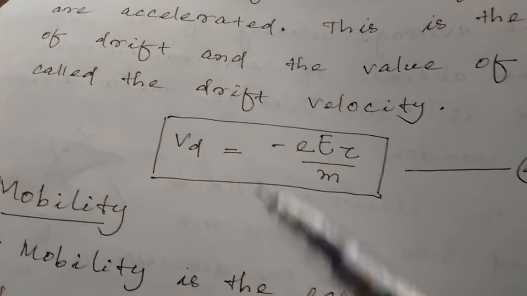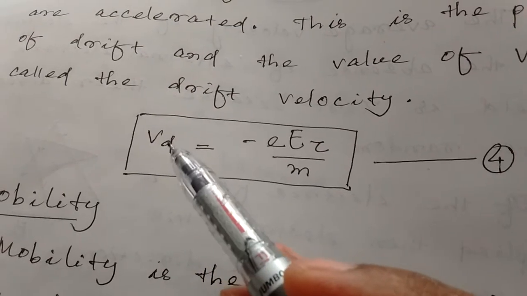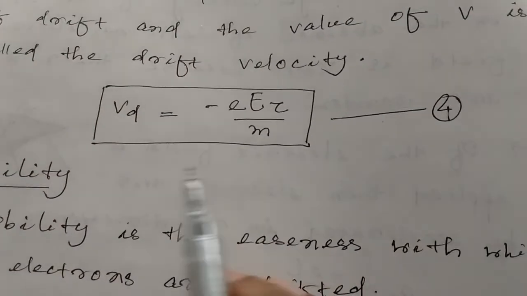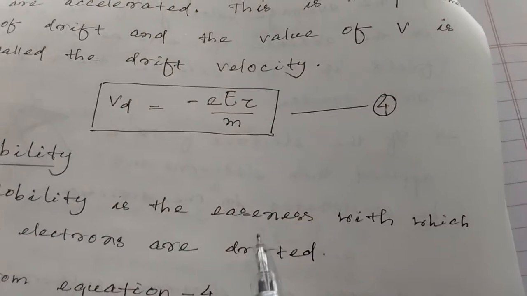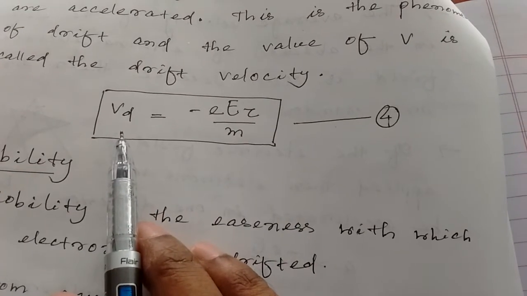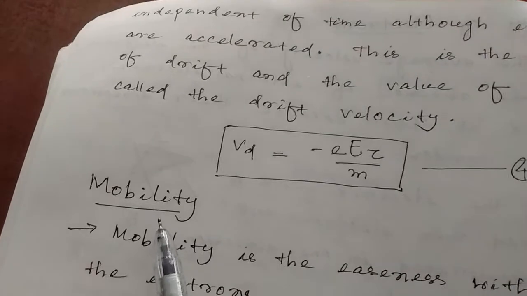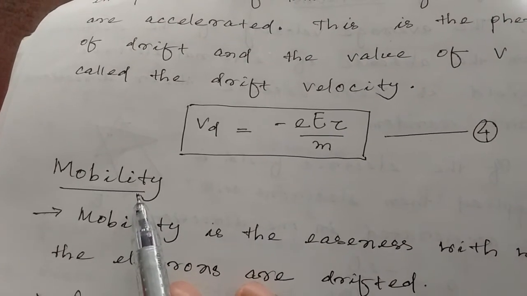Once the electric field is applied and electrons finally move with a drift velocity, of course obstructions will be there, obstacles will be there in the path of the electron. Now the more the obstructions, the less is the mobility of the electron. The less the obstruction, the more is the mobility. Very simple thing.